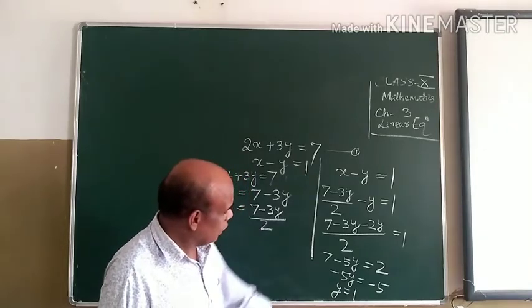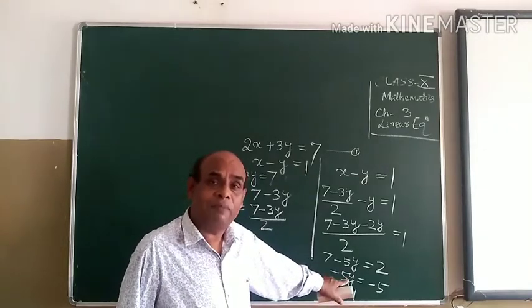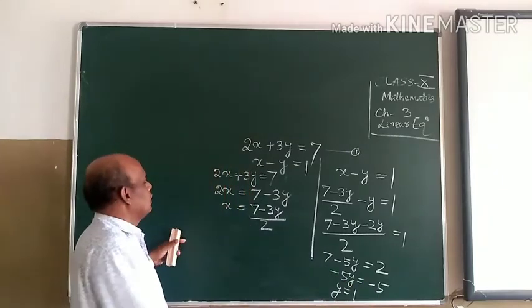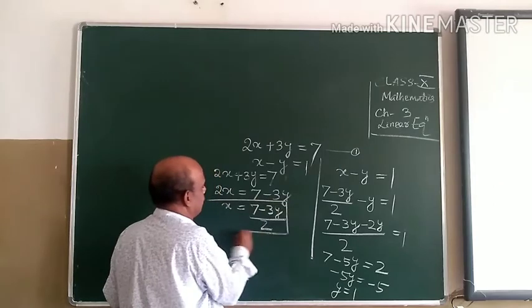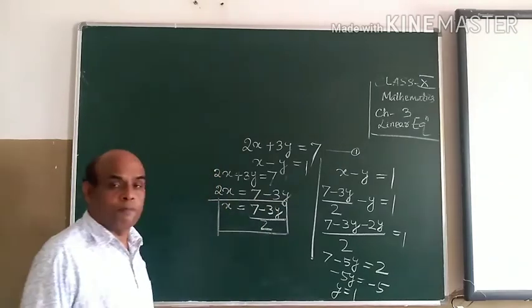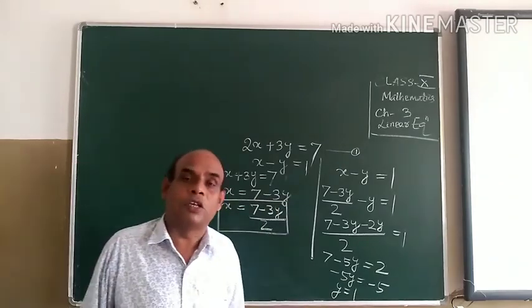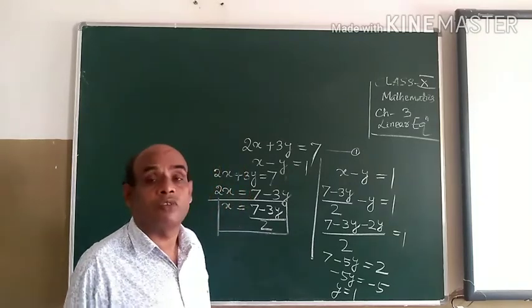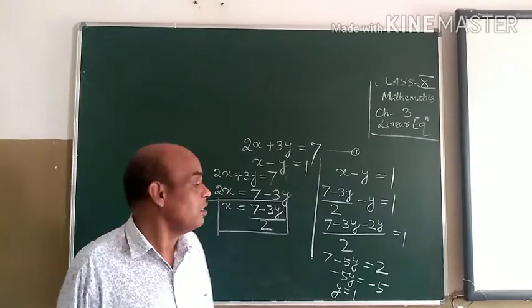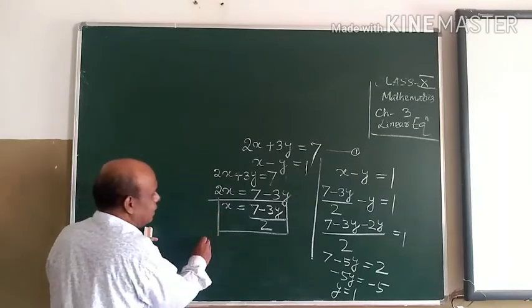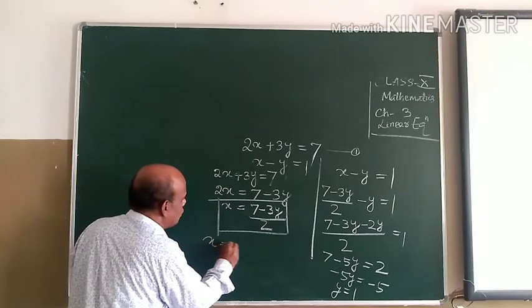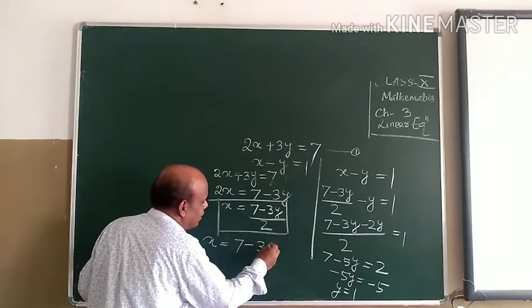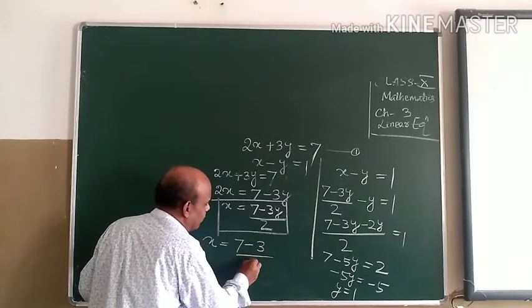Now that value of y, you may put either in equation 1 or in equation 2. So I will write x is equal to 7 minus 3 into 1, that is 3, divided by 2.